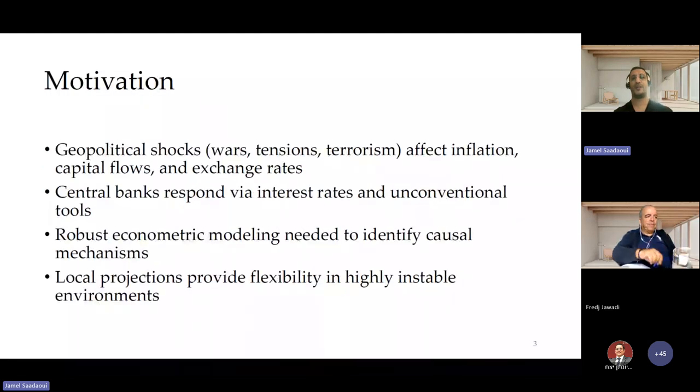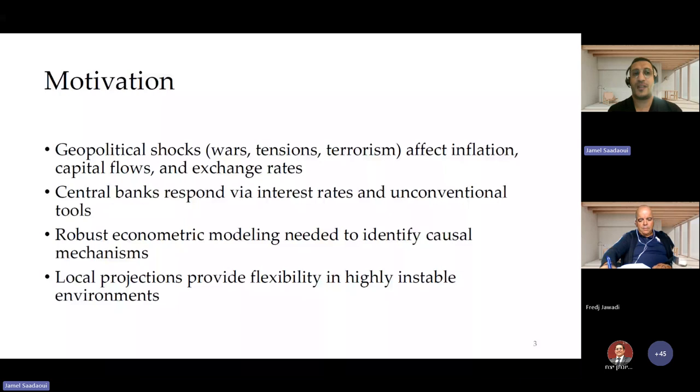The motivation, of course: geopolitical risk shocks, like wars, tension, terrorism, conflict, are not in a strict sense economics, but they affect economic variables like inflation, capital flows, and exchange rates. This is increasingly apparent in the world economy after the global financial crisis in 2008, with an increase in geopolitical tension.